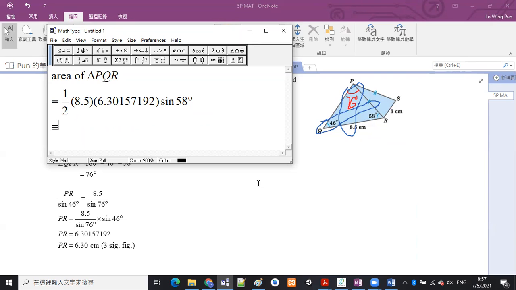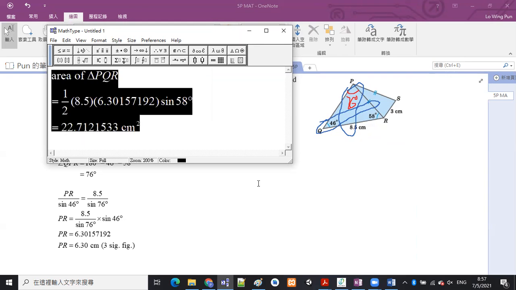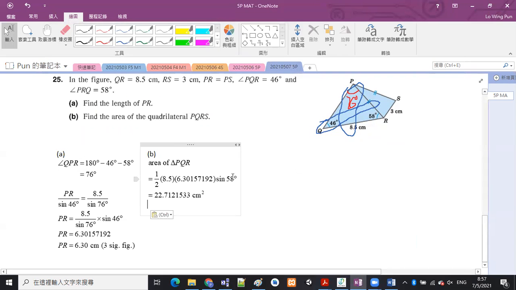For the long decimal number, I'm going to use memory A in the calculator, right? Should be 22.71 something. Okay, cm squared. And this is not the final answer, so I am going to store this to memory B. Let me write this down. This is memory B.